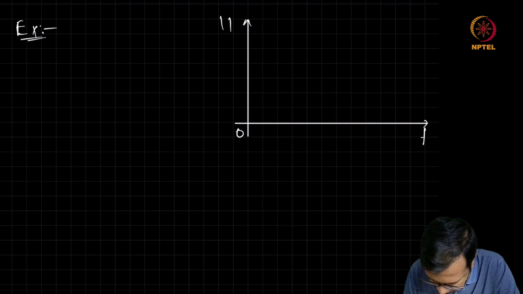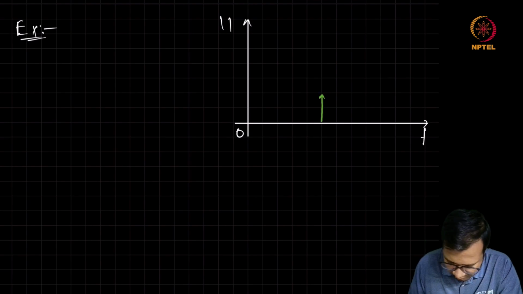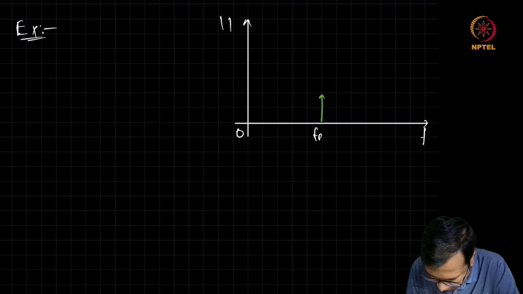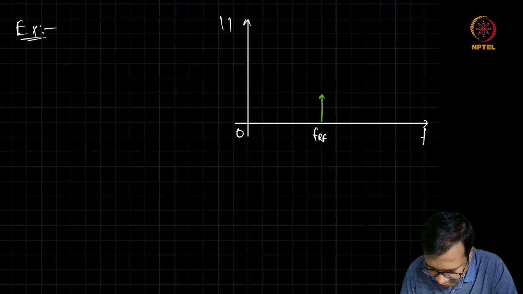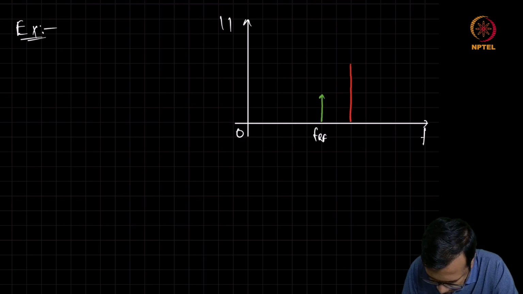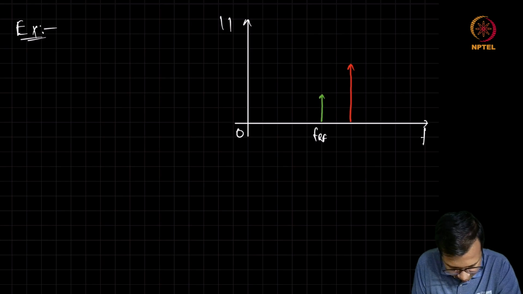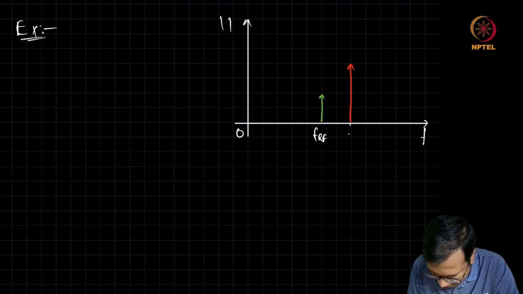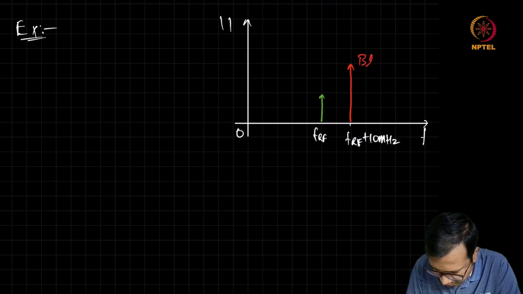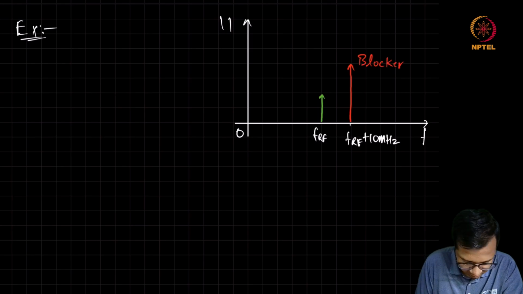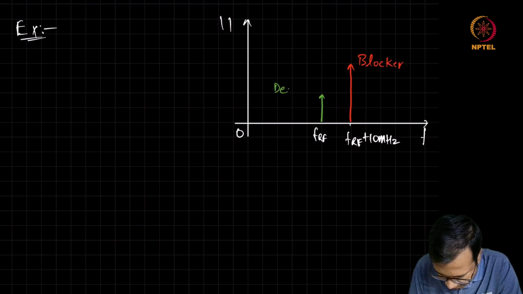Let's say we are trying to receive a signal centered around FRF, while at the same time there is also a blocker present at a frequency offset. Let's assume that frequency offset is around 10 megahertz. This is a blocker. This is the desired signal.